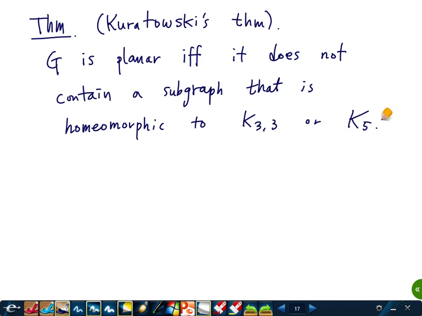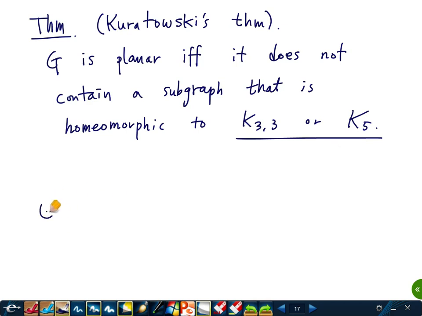So this is what I meant by the statement that these are the essential non-planar graphs. Because every non-planar graph must contain this or this in a homeomorphic form.